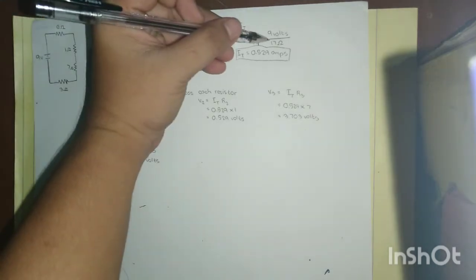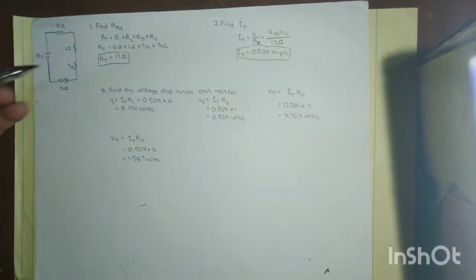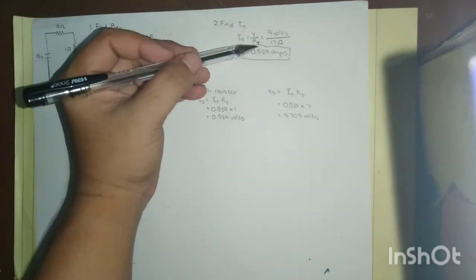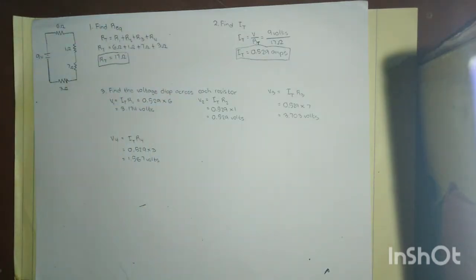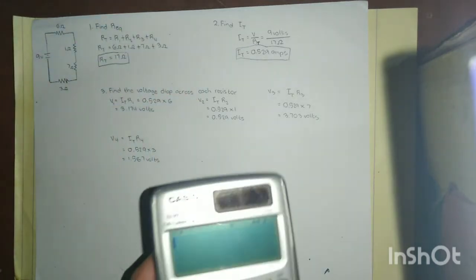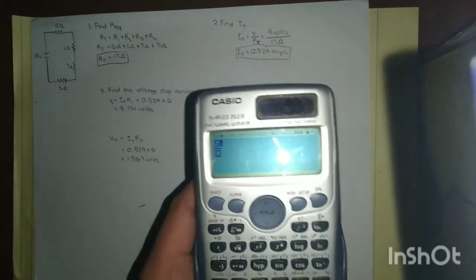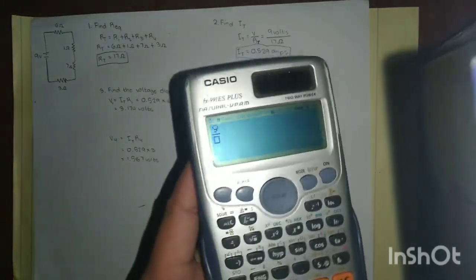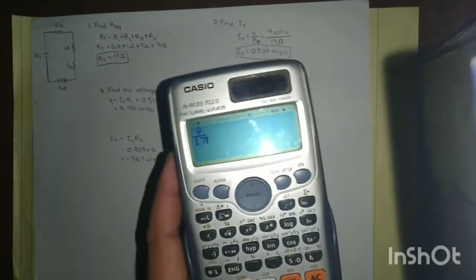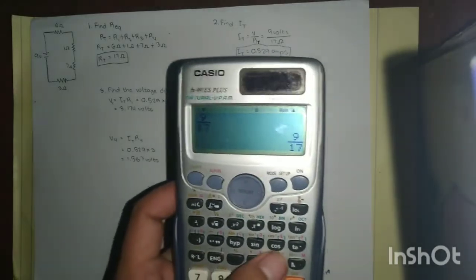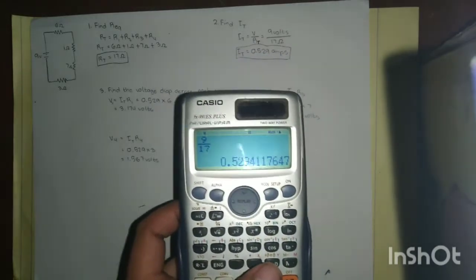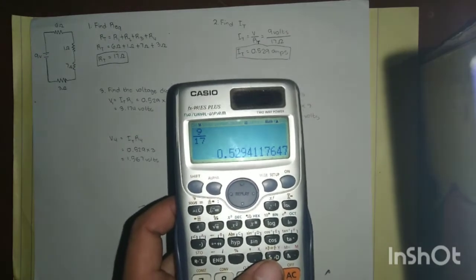So 9 volts divided by 17 ohms of resistance. So the total current is 0.529 amps.